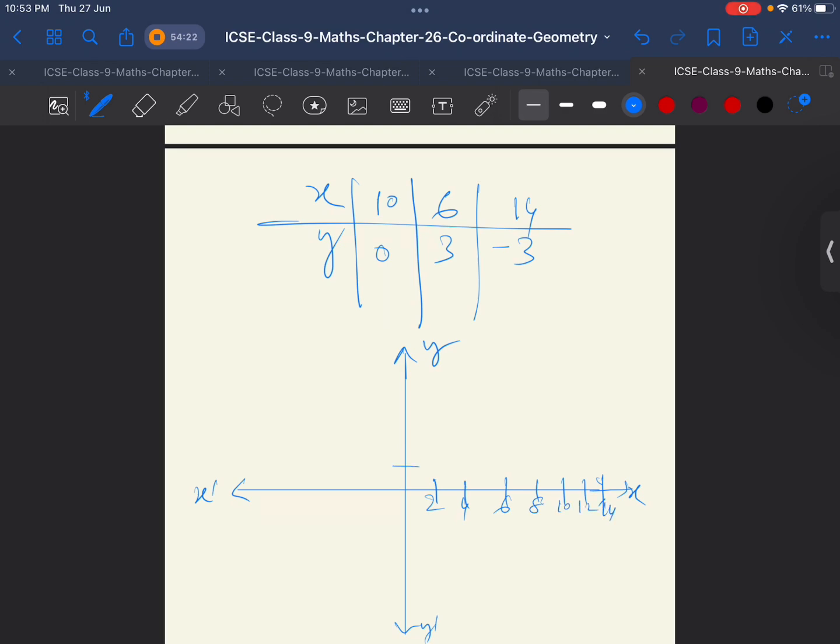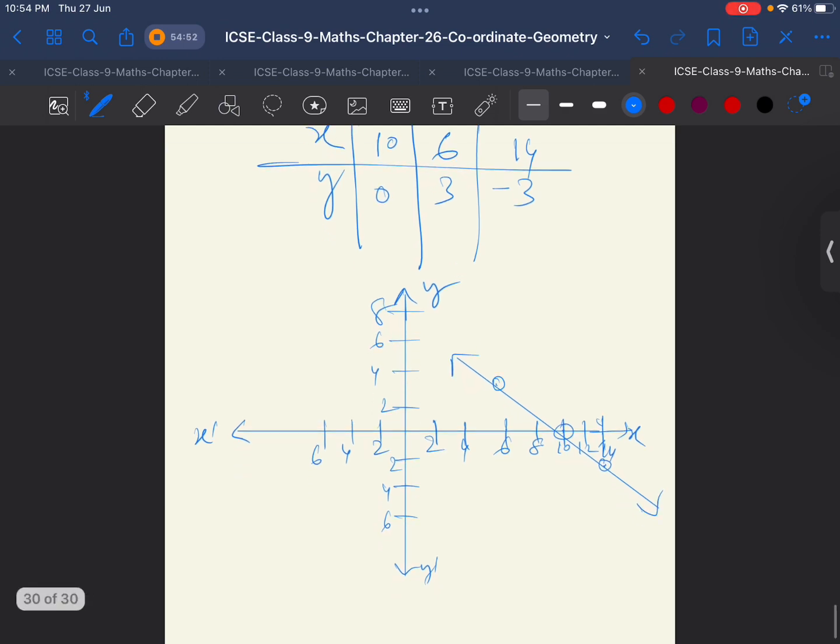First (10, 0) is here, (6, 3) is here, and (14, -3) is here. Okay, now we draw the straight line. This is the straight line.